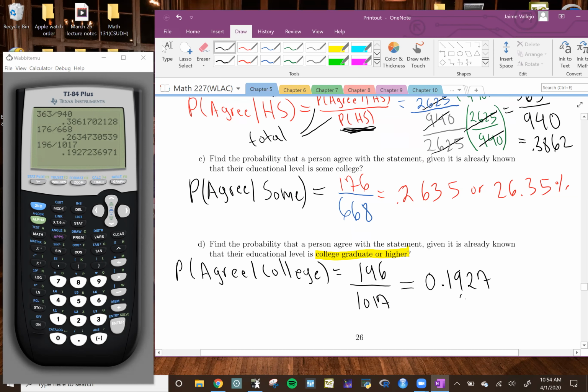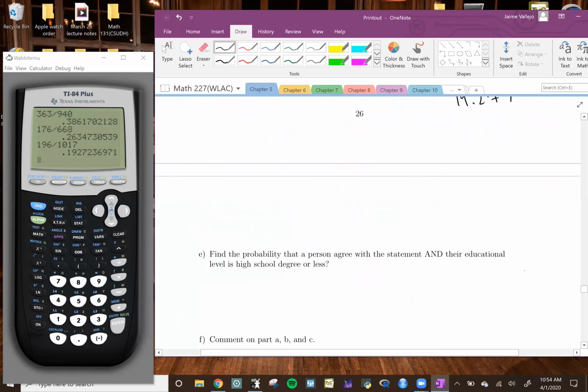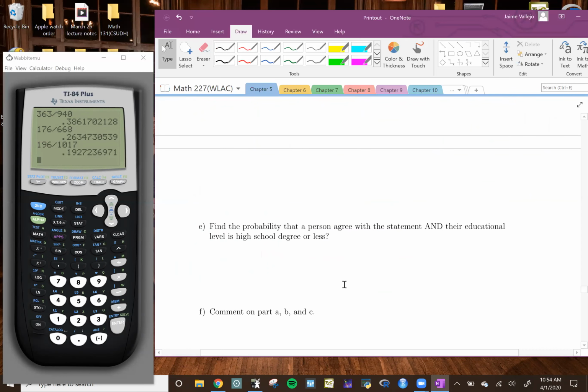Or if you want to put it as a percent, we could put it as 19.27%. Any question for D? All right, so let's do E.